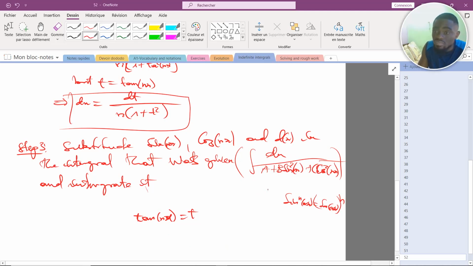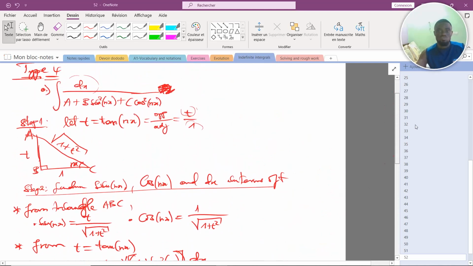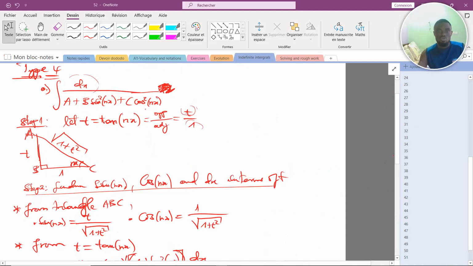But remember that the integral that was given to you, the variable was in terms of x. So when you see t in your answer after integrating, you will substitute that t by tan nx. You get what I'm saying? So this is how you are supposed to proceed whenever you are dealing with integrals of this form.